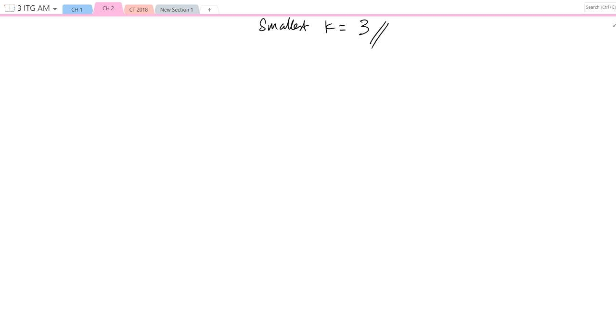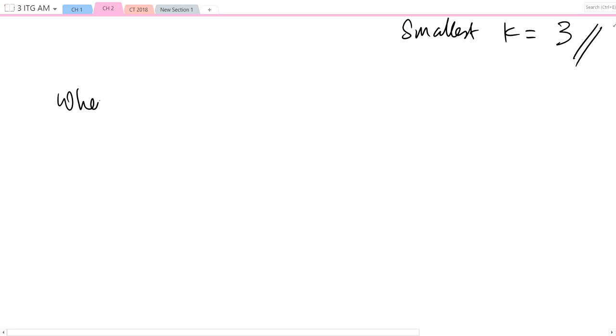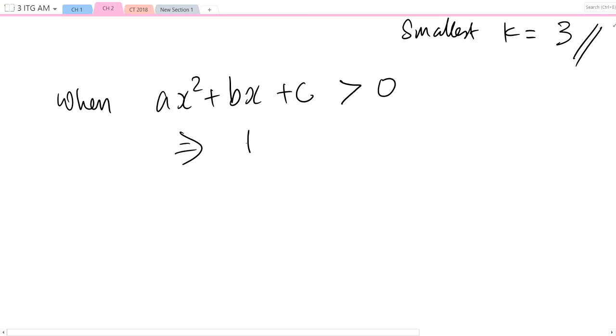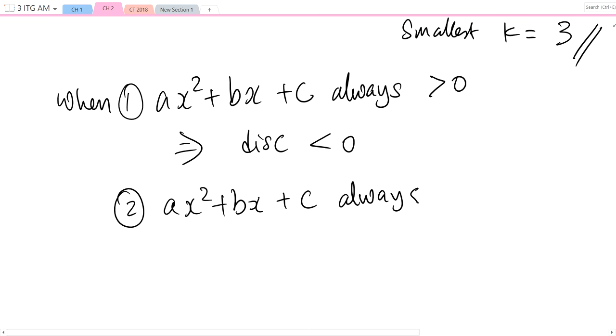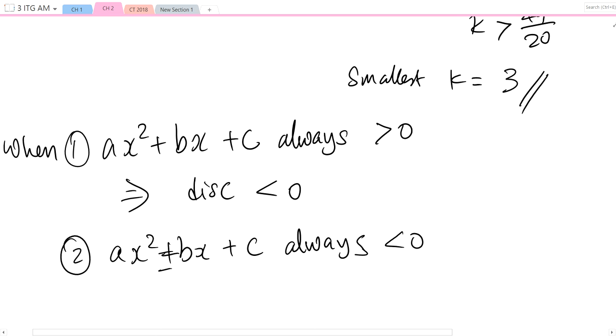Okay, so in summary, when ax squared plus bx plus c is always greater than 0, this tells me that discriminant is less than 0. Case number 2, when ax squared plus bx plus c is always less than 0, this tells me that discriminant is again less than 0.